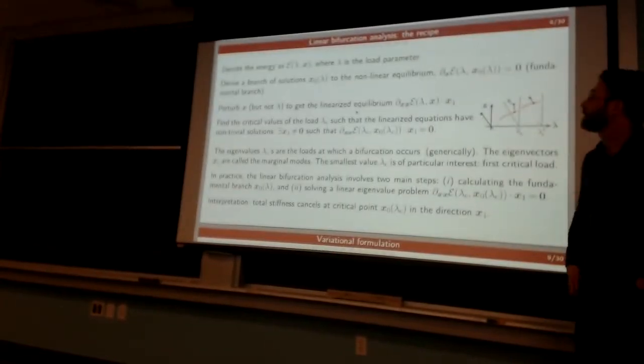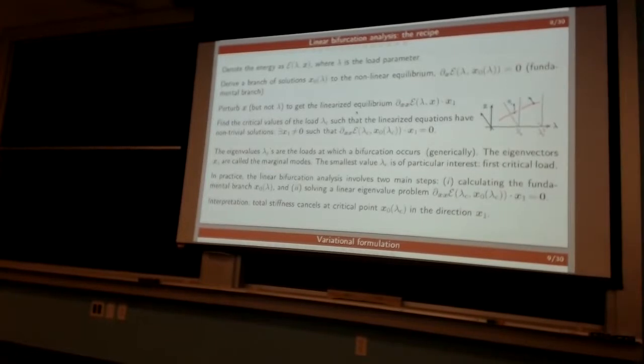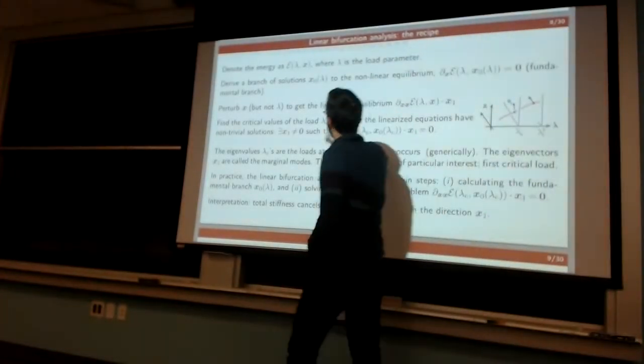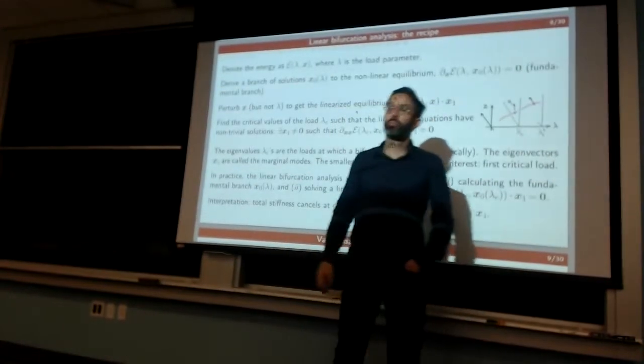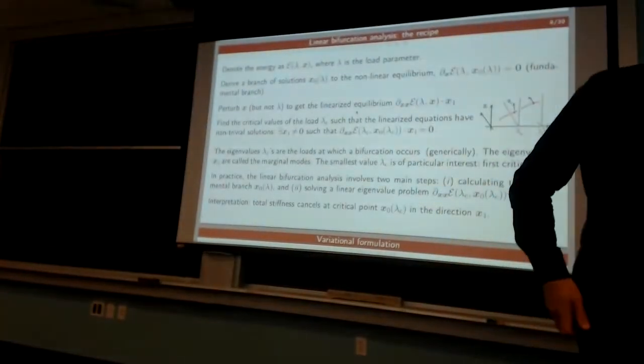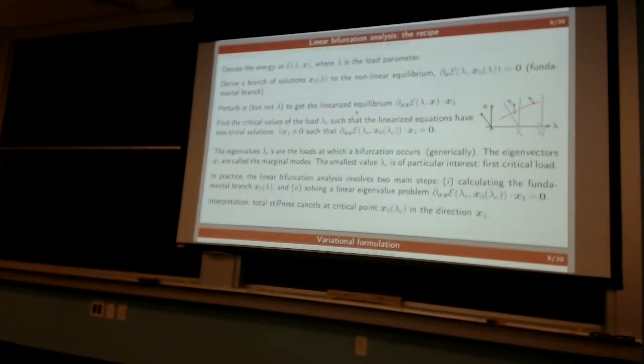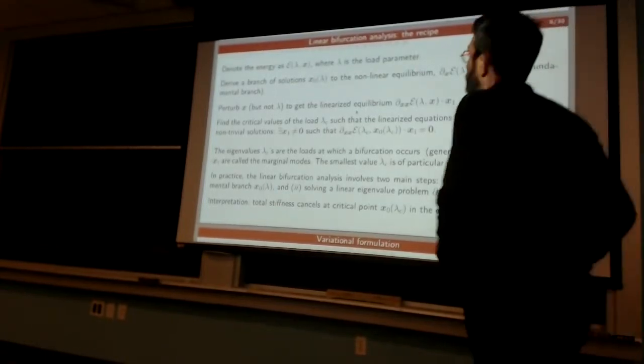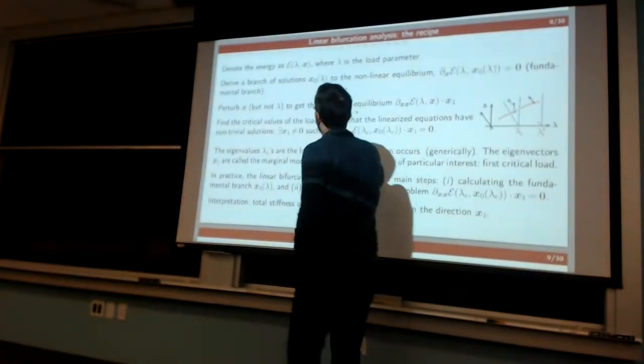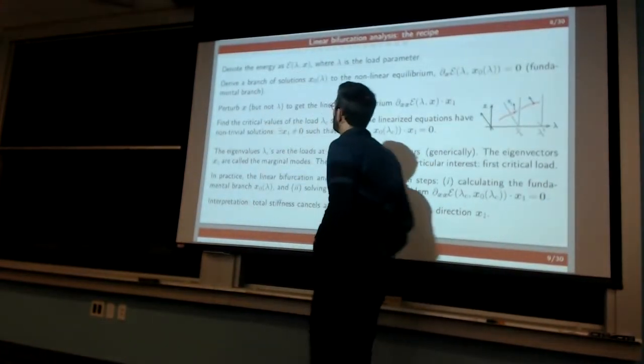Okay, so let me start with the recipe. So now we have a configuration which is a vector in boldface. You can think of it as a nonlinear truss. I'll show you how you can extend to continuous systems, but you need to know the energy of the system as a function of the load parameter and the configuration.